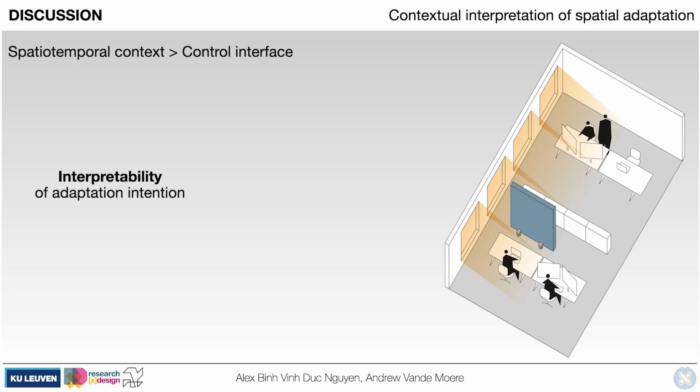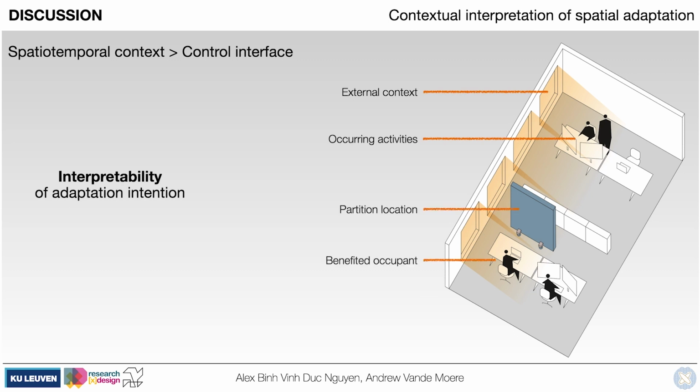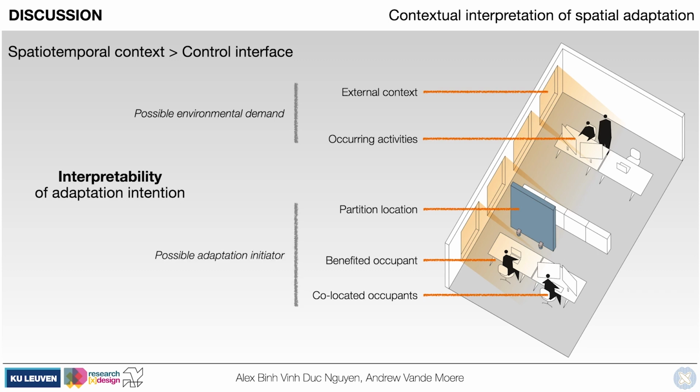For example, they observe external factors like the weather, the occurring activities in the office, the location of the partition, and who it would benefit the most, as well as the co-located occupants with their own sensitivities, to determine the possible environmental demand and the initiator of a specific adaptation.